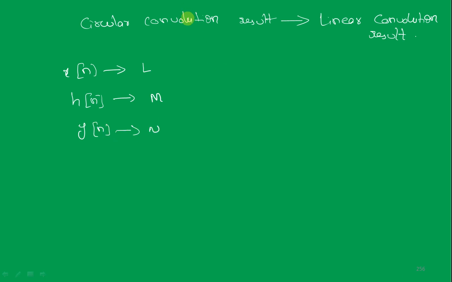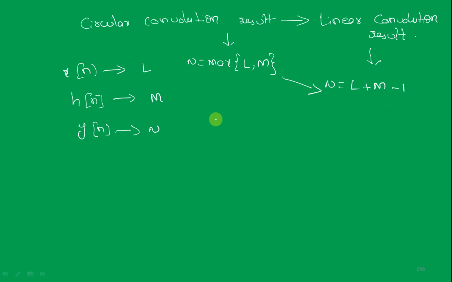So here, in linear convolution this length is equal to L plus M minus 1. In circular convolution the length is equal to maximum of L comma M. So to get the linear convolution result, do the circular convolution to achieve N as equal to L plus M minus 1.